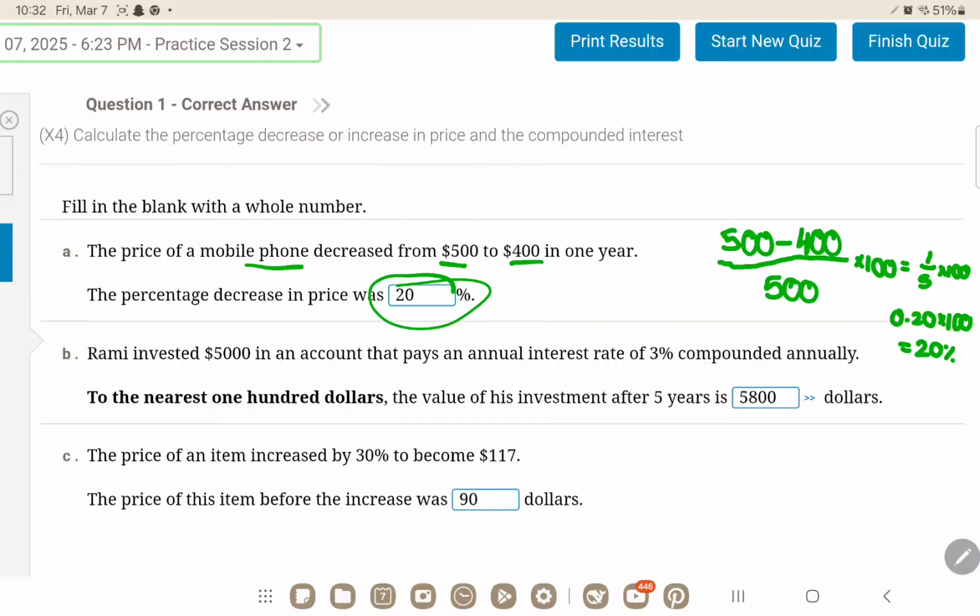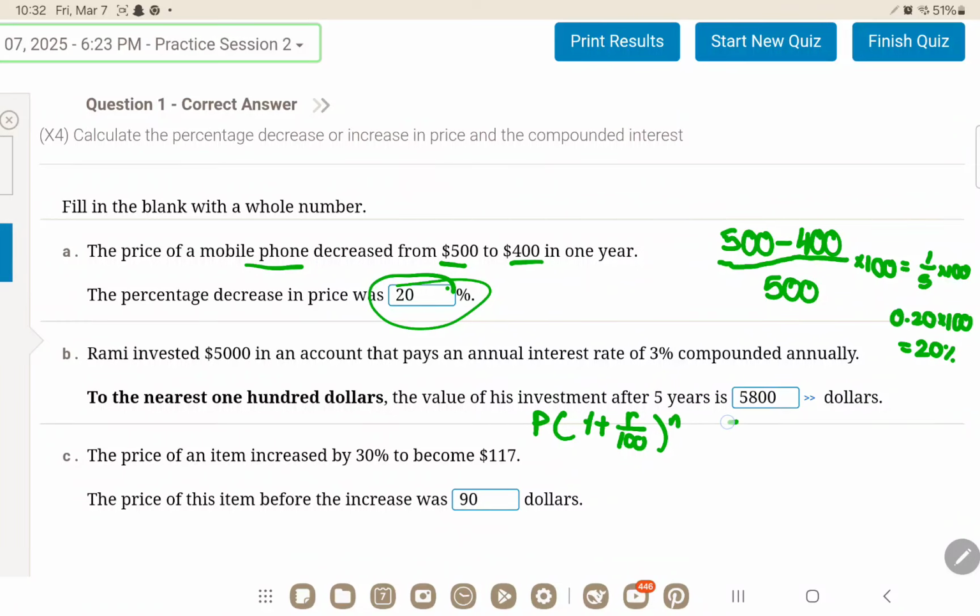Now, Rami invested $5,000 in an account that pays an annual interest rate of 3% compounded annually. To the nearest $100, what's his value of investment? Now, to calculate this, you need to actually apply the formula, which is P times (1 plus R over 100) to the power of N years.